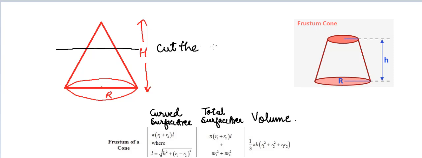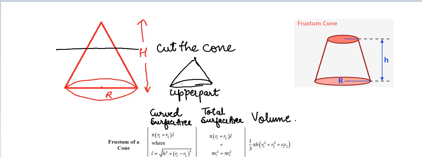If I cut the cone, there are two pieces which are going to be formed. The first one will be a cone, the upper part. It will be a cone, so you can't say it is the frustum of the cone. This is a cone actually. We got a smaller cone like this.